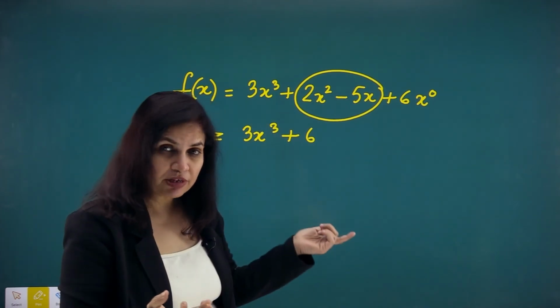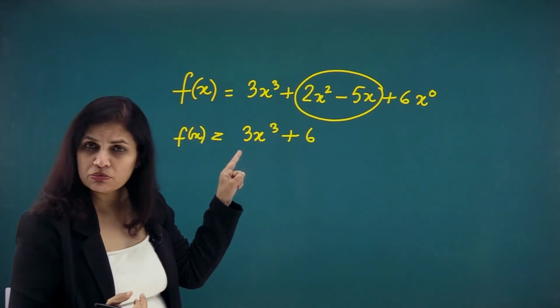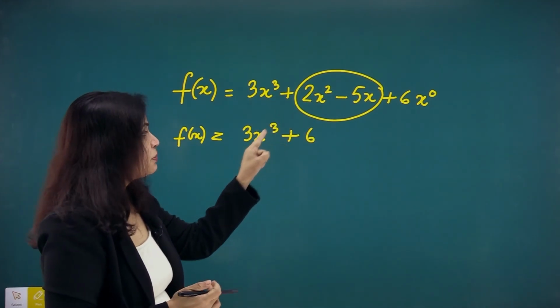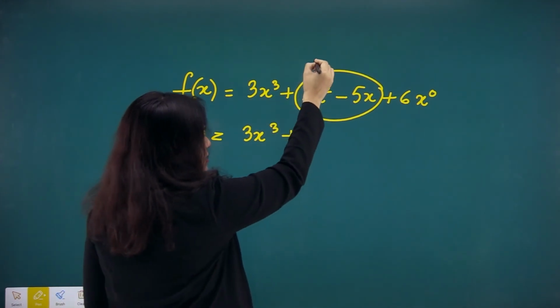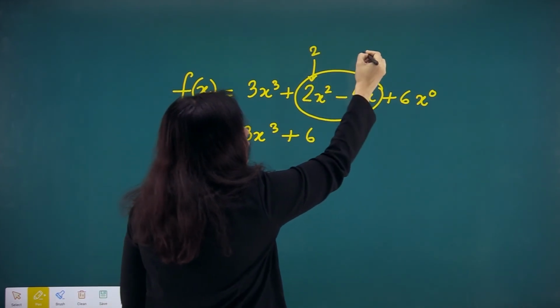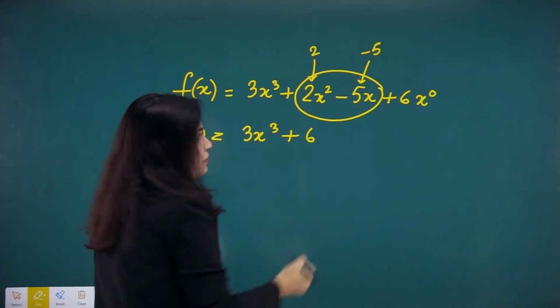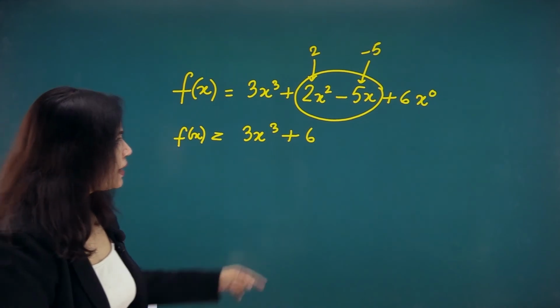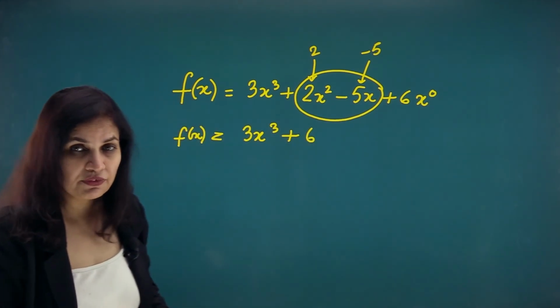If x would have been 0, then obviously the first term would also have been 0. These two values vanished because in the first example, these two constants were 2 and minus 5. x square was multiplied with 2 and x was multiplied with minus 5.